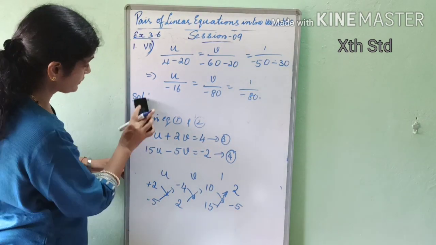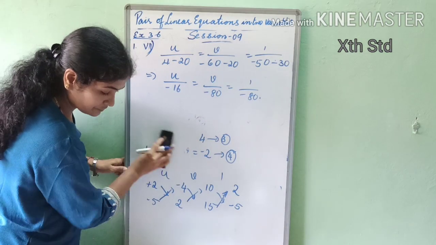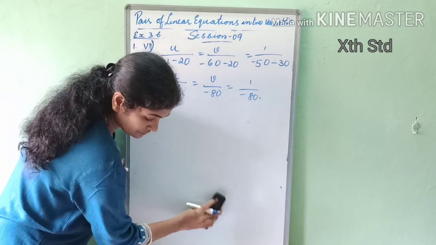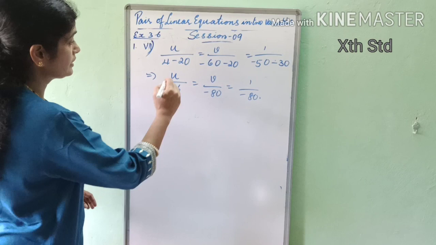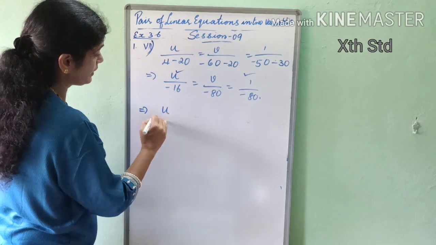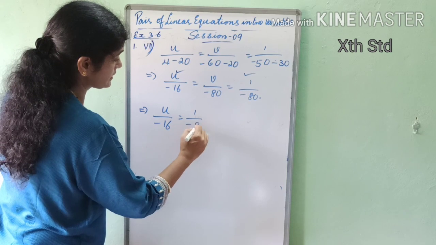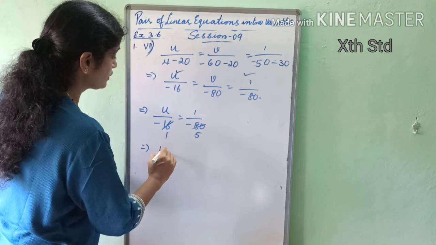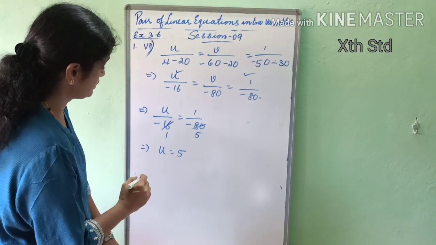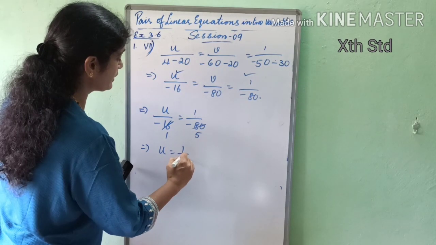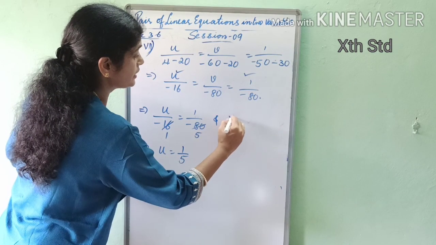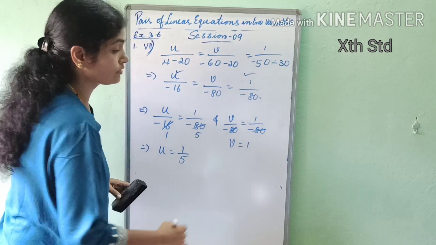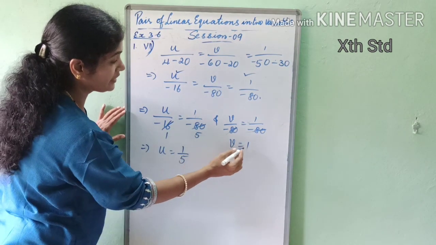Fine. Then further, u by minus 16 equal to 1 by minus 80. So 16 ones are 16, 5s are 80, so u is equal to 1 by 5. And here v by minus 80 equal to 1 by minus 80. This 80 gets cancelled, v is equal to 1. There, u is equal to 1 by 5 and v equal to 1.